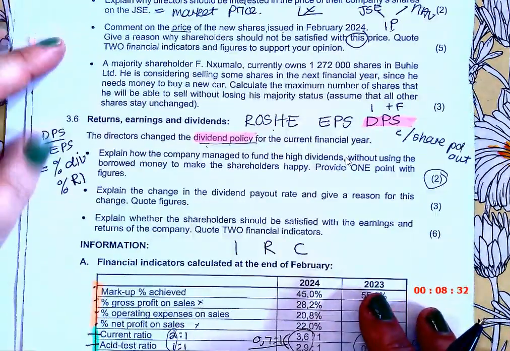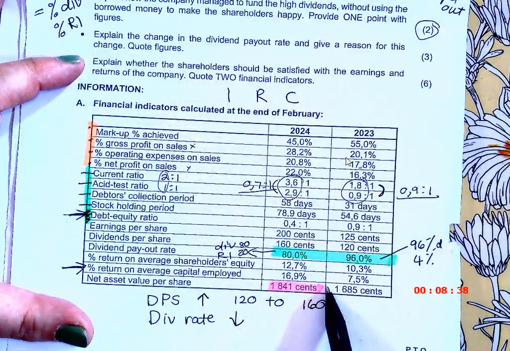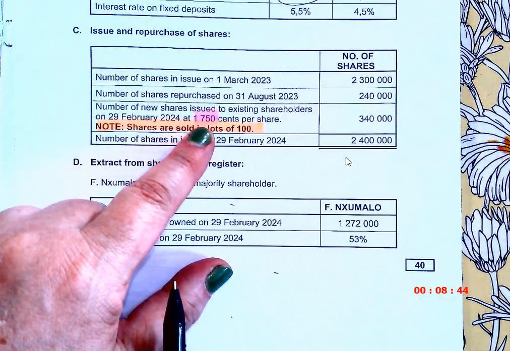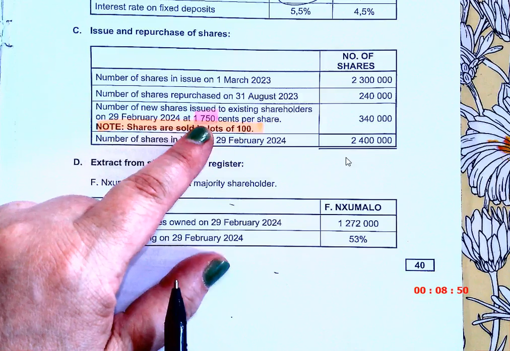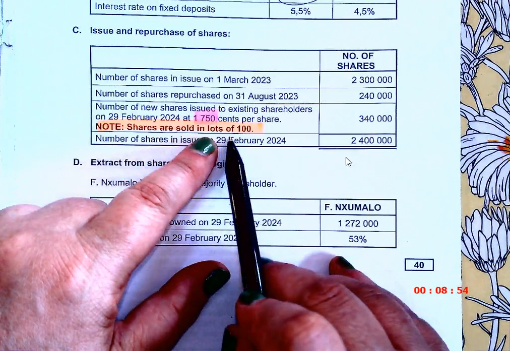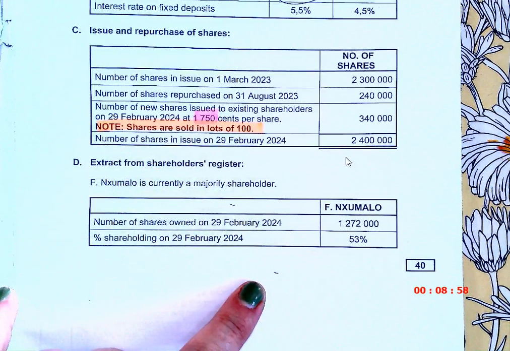Ma'am, I think they took the 176 as the average price, under here. Okay, so if I look at this, that 750 was the average price. But where do they show you how much I bought it back for?